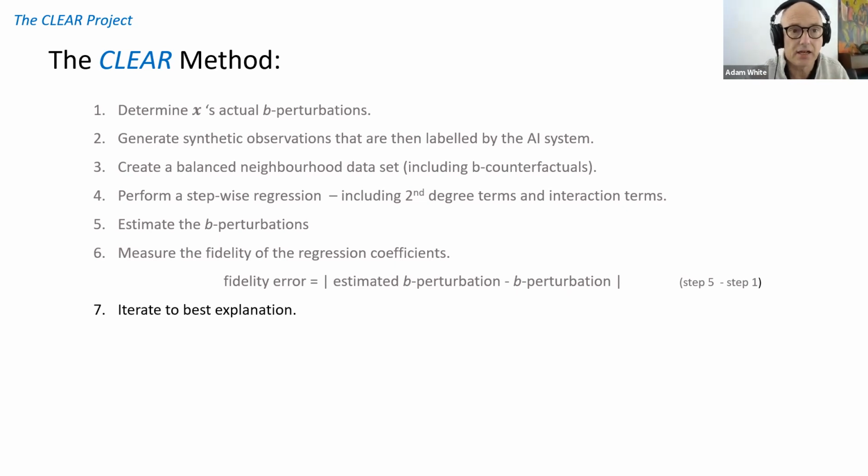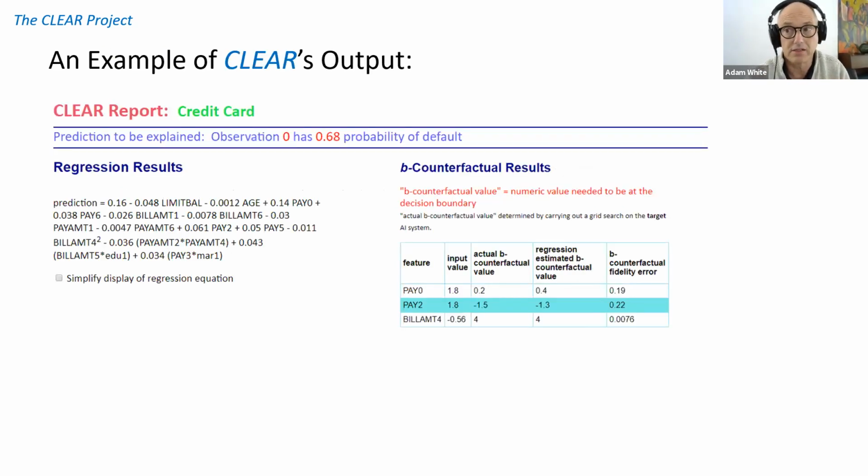Okay, here's an example of parts of Clear's output. This is for an observation from the UCI credit card or adult data set. And what it's saying here is that this particular observation had a probability of 0.68 of defaulting on the loan.